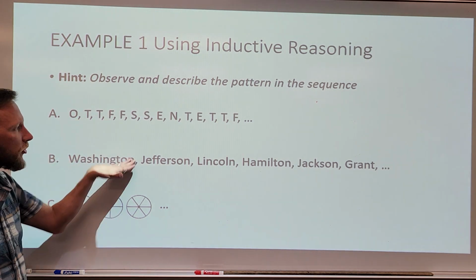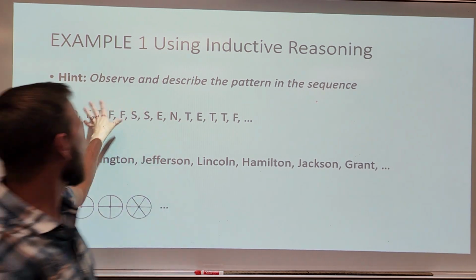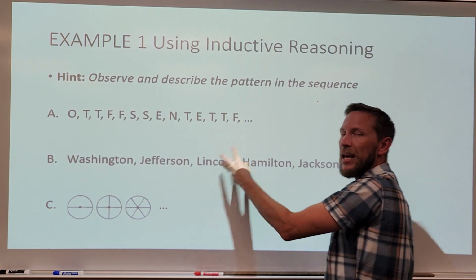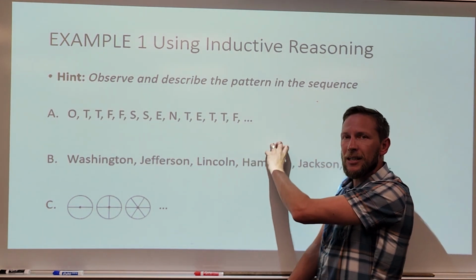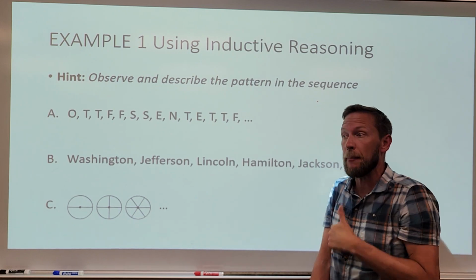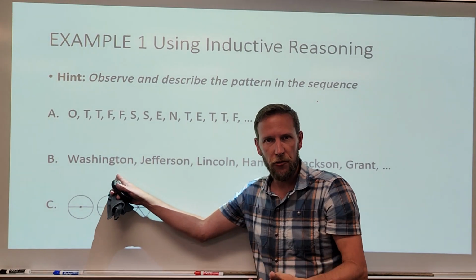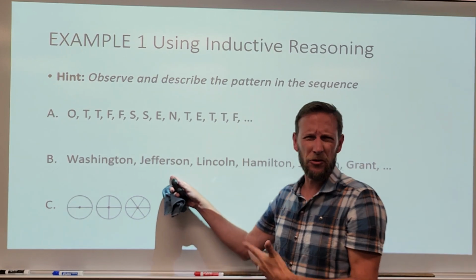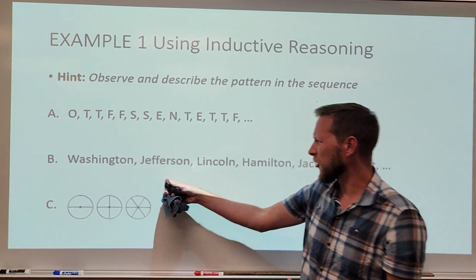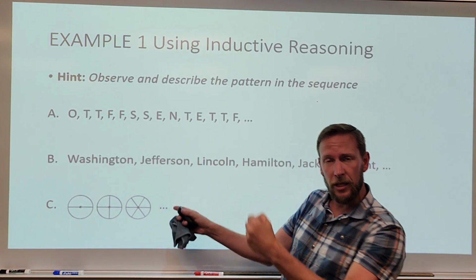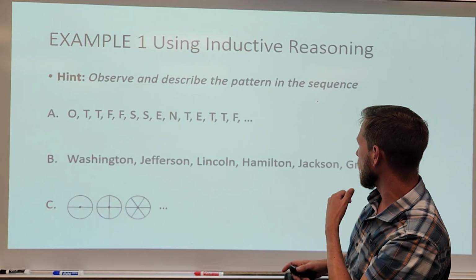Other times our patterns are a little more difficult. Maybe there are letters or words or names that require that we have an understanding of other content knowledge, all right? But that pattern is still true. Now we know that George Washington was our first president, but Thomas Jefferson was not our next president, right? He was our 3rd president. And then Lincoln was like our 16th president. So is there a number associated with the name, or is there something else?